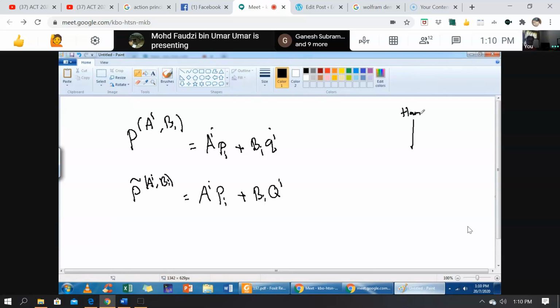This one is the Hamiltonian vector field, this one is a function, this one is the J map, and this one is the P map. This one is the Lie algebra, and this one is the gamma map. So from the Lie algebra to Q_i and P_i, that is what the moment map means.